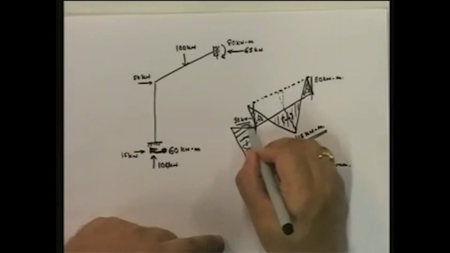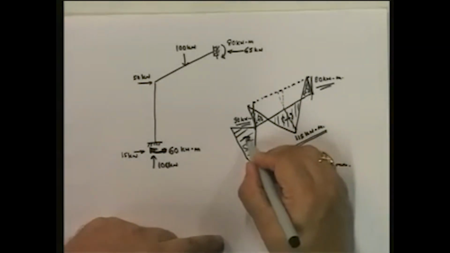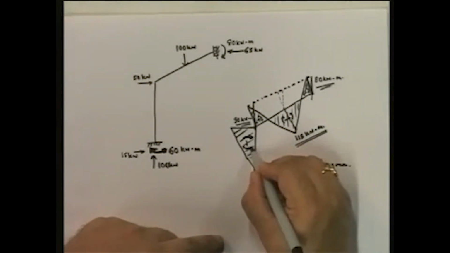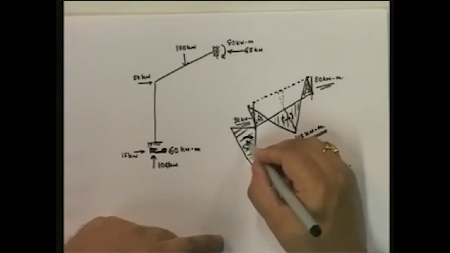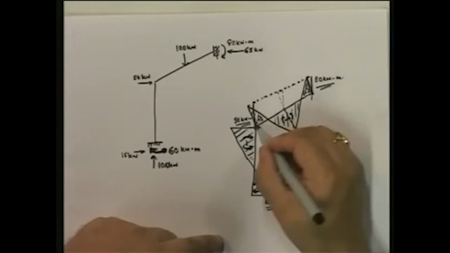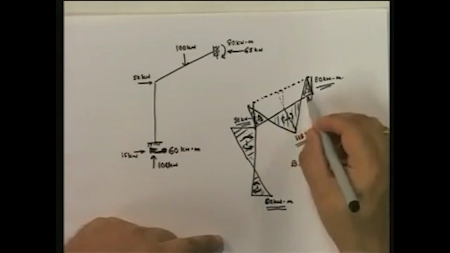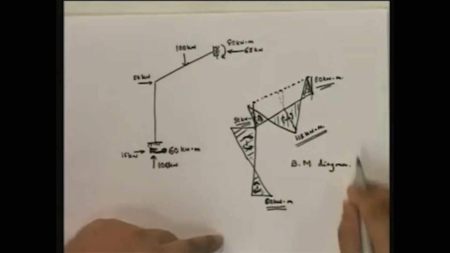At the ends of the beam it's 90 and 80 here, and 90 and 60 here. This is the sense of the bending moment. This is tension on the top, on the left hand side. Here tension is on this side. Here tension is at the top. Here the tension is at the bottom. Here again the tension is at the top.